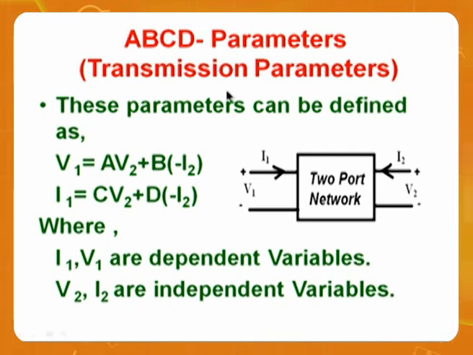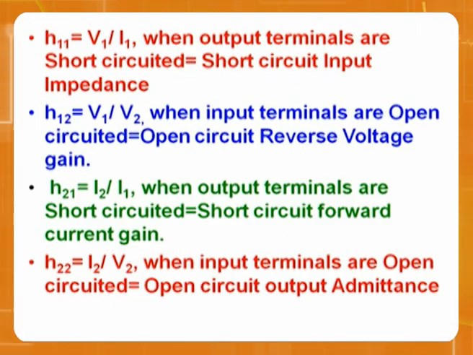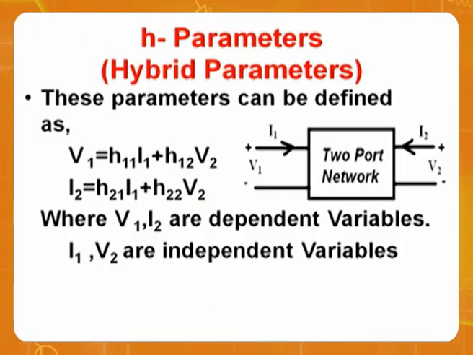For example, EEE students have most of their work in ABCD parameters. Similarly, electronics students, or even in electronic circuits, transistors and analysis, it's purely H parameters.